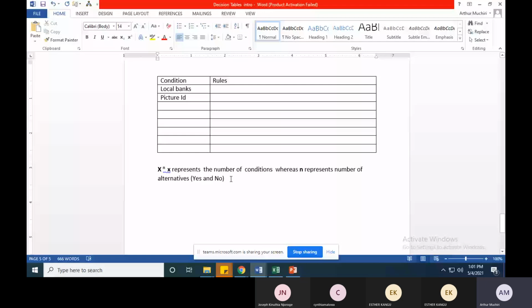So if the number of conditions you have is 2, you raise that to the number of alternatives. These are the rules also; you can call them rules, and also you can call them alternatives. So we have two conditions. How many alternatives are you going to have in total?